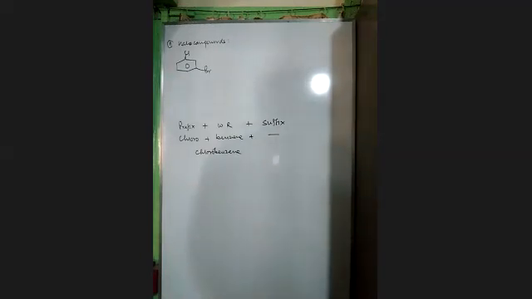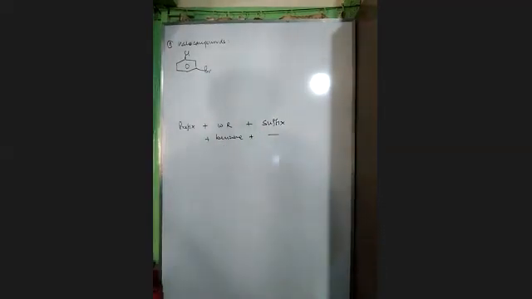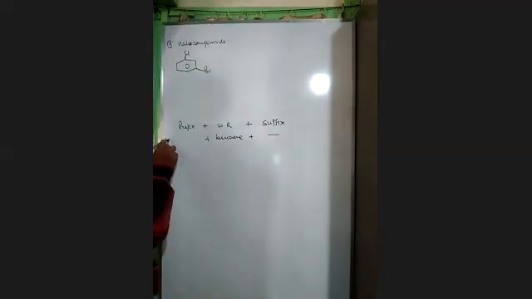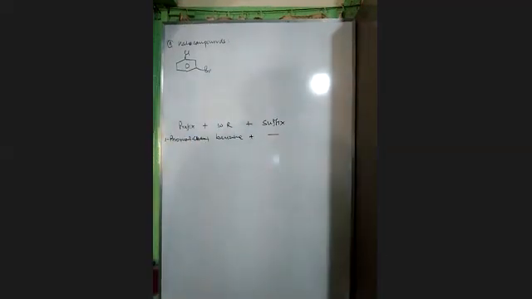So what will be the name now? It's 1 bromo, 3 chlorobenzene. Yes, it is 1 bromo, 3 chlorobenzene. So don't make this mistake. This is 1 bromo, 3 chlorobenzene.